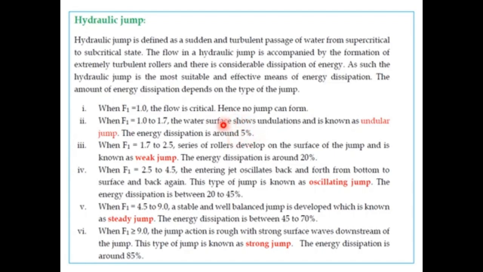If the Froude number is greater than 1.7 and less than 2.5, then a series of rollers are developed on the surface of the jump, which is known as a weak jump, and the energy dissipation is around 20%. But when the initial Froude number is more than 2.5 and less than 4.5, the entering jet of water will oscillate back and forth from the bottom to the top, and this type of jump is known as an oscillating jump.